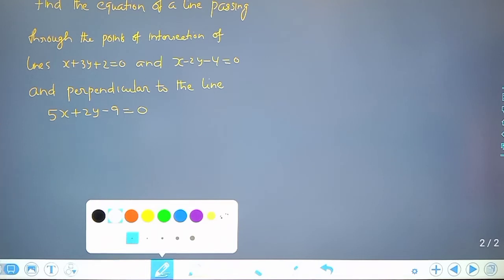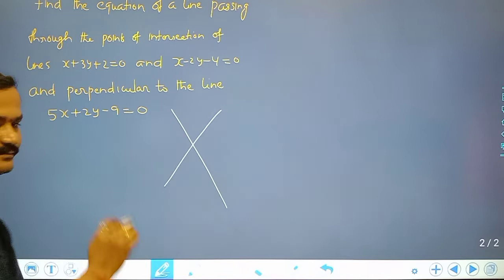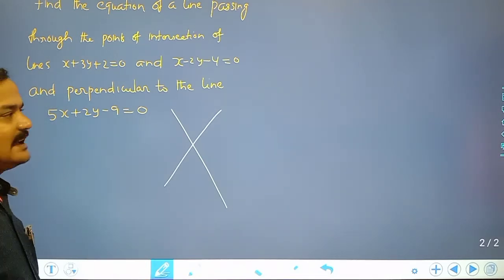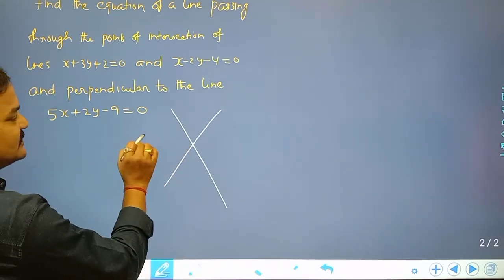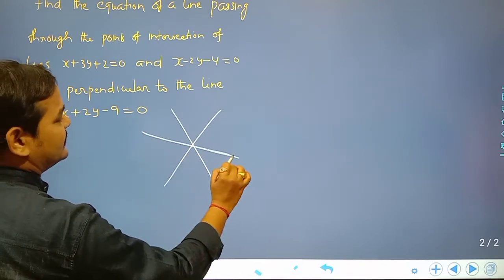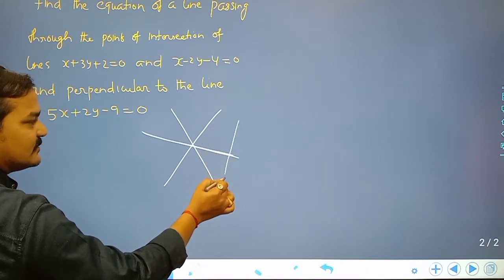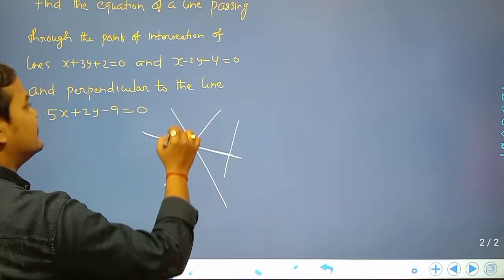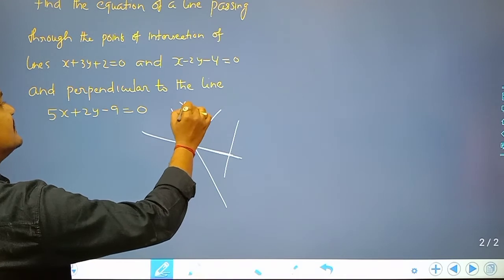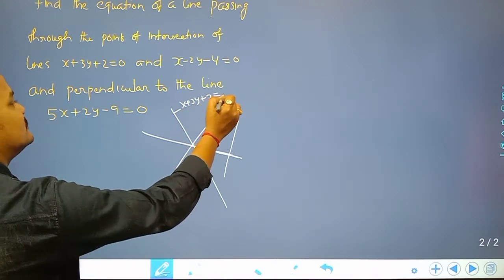These two lines are given. The line passes through the intersection point of these two lines, and it is perpendicular to another line. The first line is x plus 3y plus 2 is equal to 0.